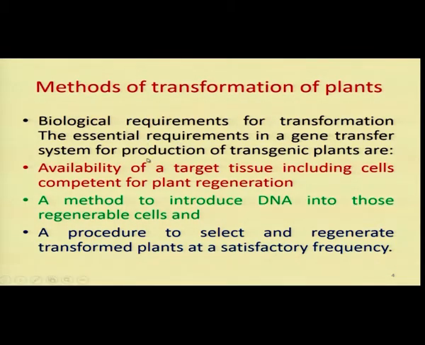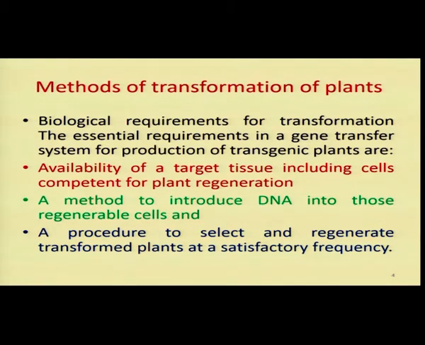The second aspect is the availability of the target tissue, including the cells which are competent for plant regeneration. Once you have isolated the gene which you are going to introduce into the plant, the second question is, in the plant, where are you going to put it in? In which tissue? Is it the stem?